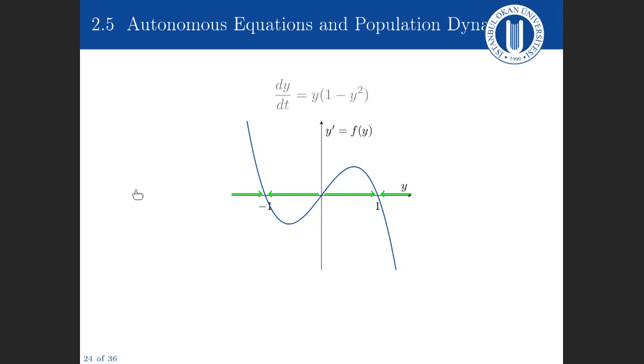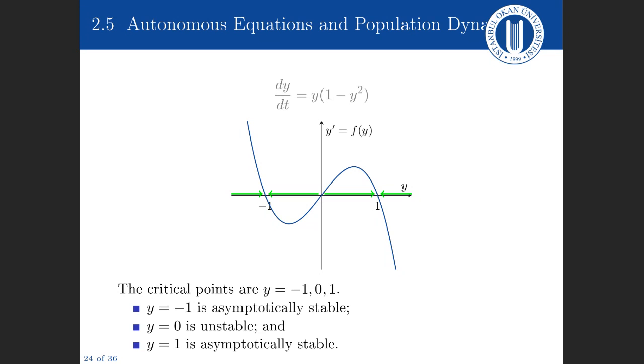That's enough information to answer this question. Where are the equilibrium solutions? Here, here, and here. The equilibrium solutions are -1, 0, and 1. Are they asymptotically stable, unstable, or semi-stable?